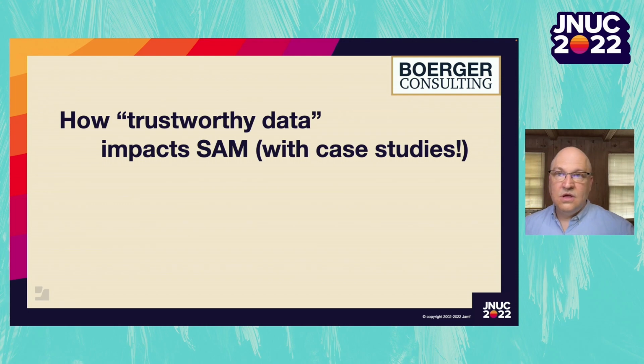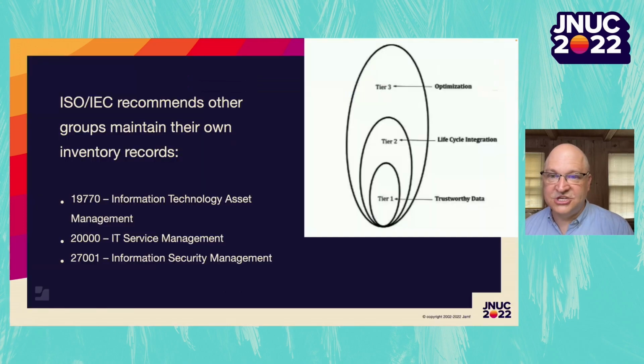So what does this do then in the real world? Well, if you can get this data accurate and trustworthy, then some really neat things start to happen with that SAM activity that goes up the chain into the asset lifecycle and the optimization.